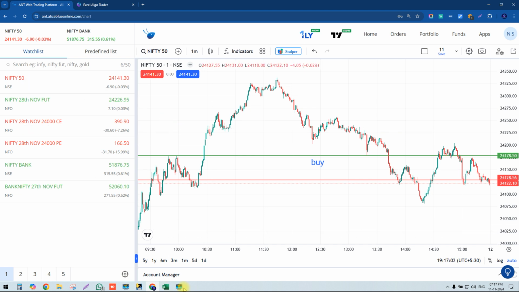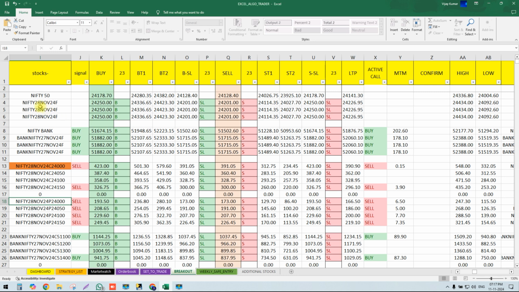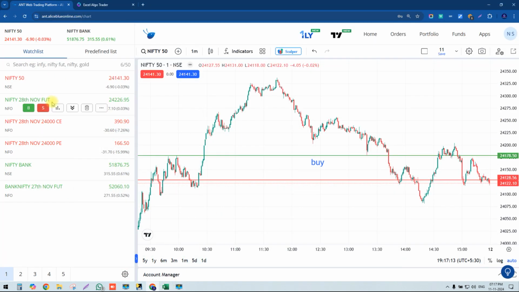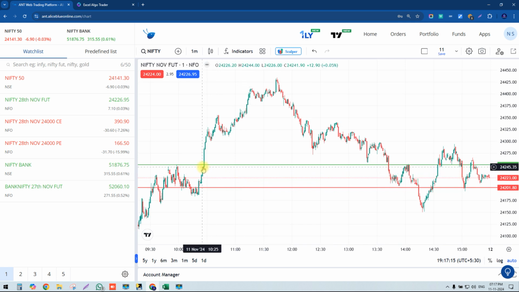Okay guys, next we'll come to Nifty Futures. In Nifty Futures, the buy was generated at 24,250. I've marked it exactly here. You can see 24,250 here.